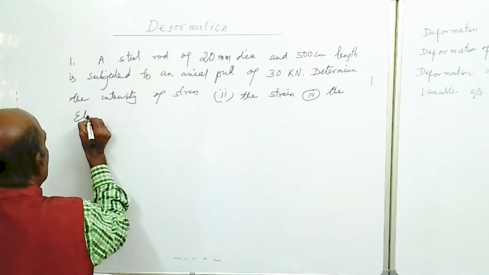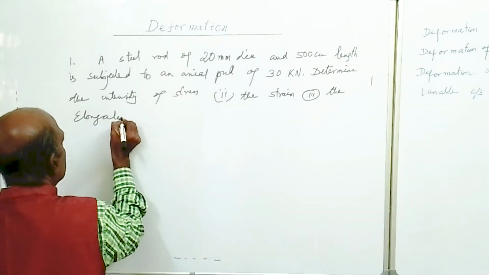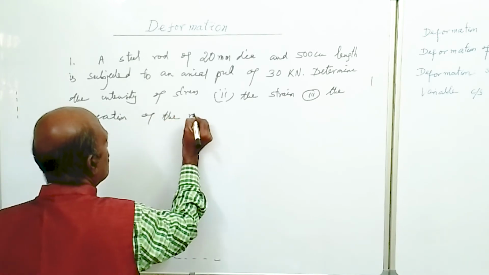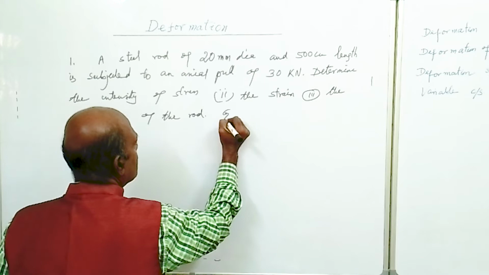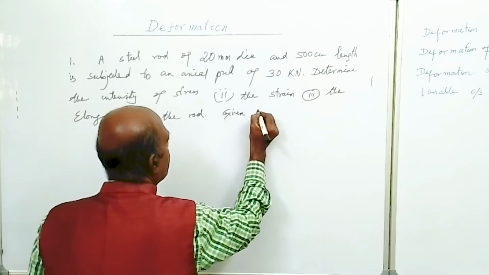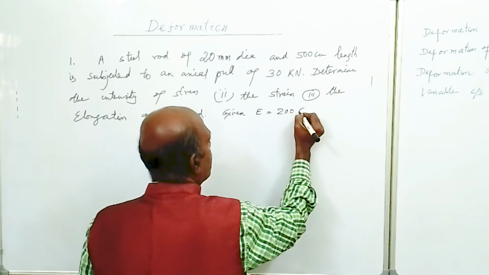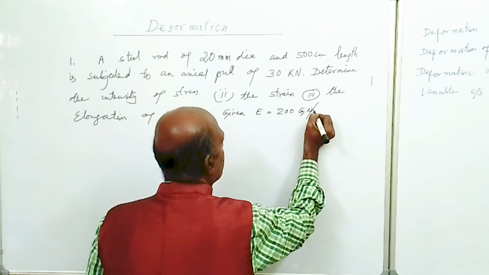The elongation of the rod, given E is equal to 200 giganewton per meter square.